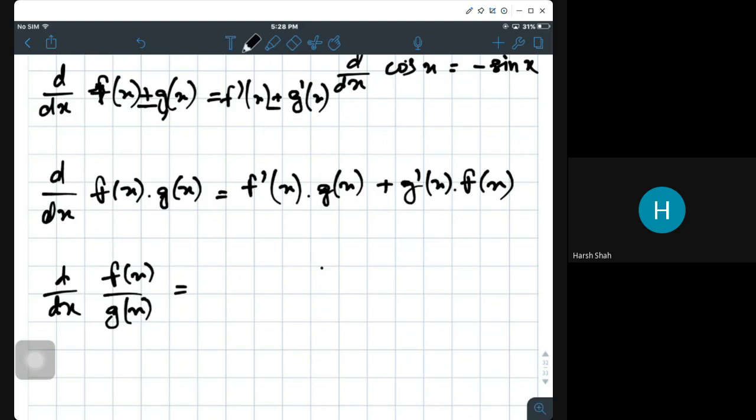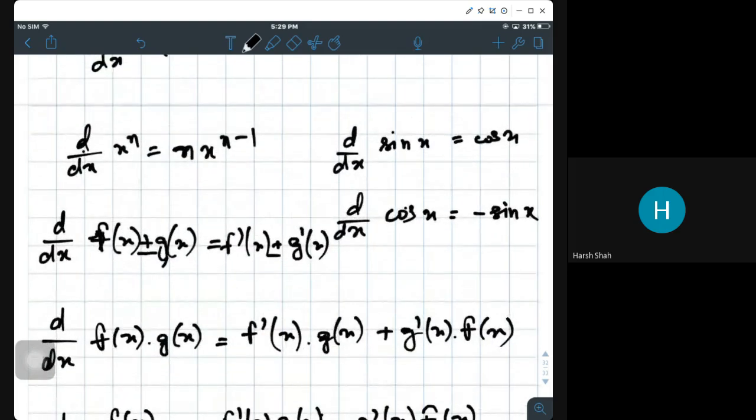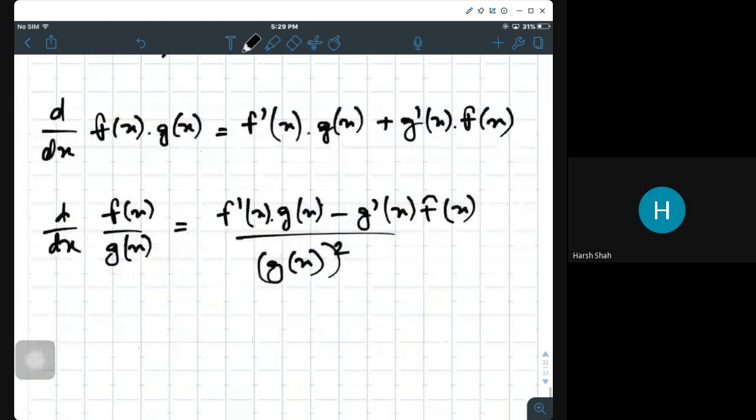How do you do this? Denominator squared you put there first, differentiate the numerator, keep the denominator as it is, subtract differentiation of the denominator, keep the numerator as it is. These are some formulas that you need to remember, right?